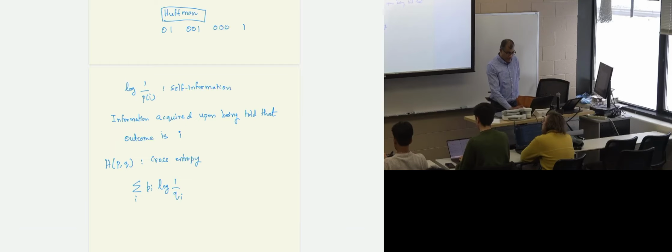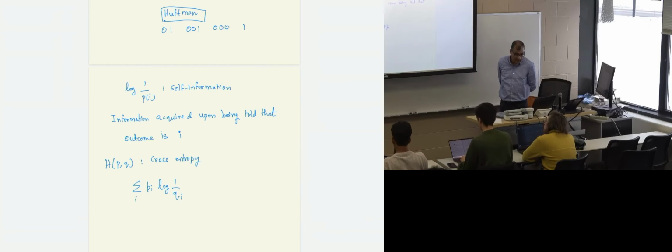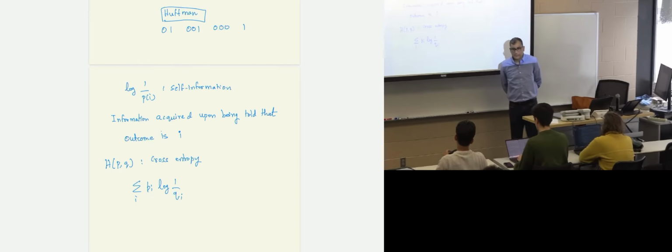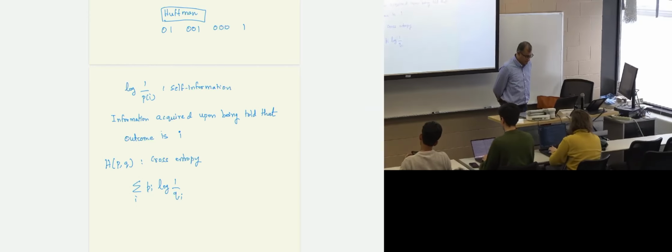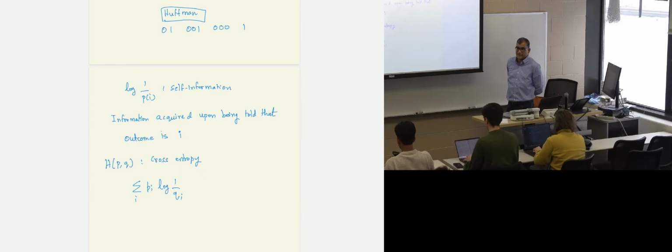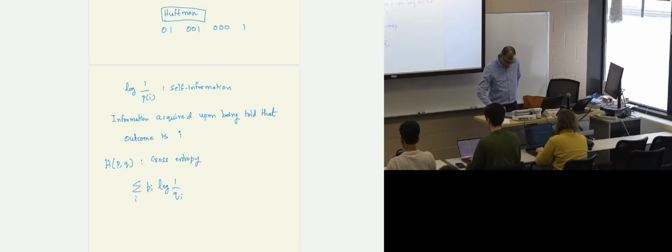So anyway, the cross entropy is kind of trying to measure, it's basically measuring some kind of excess bits.